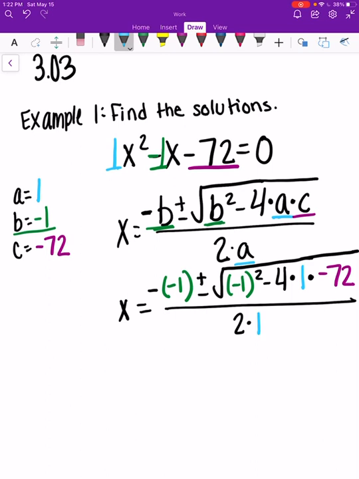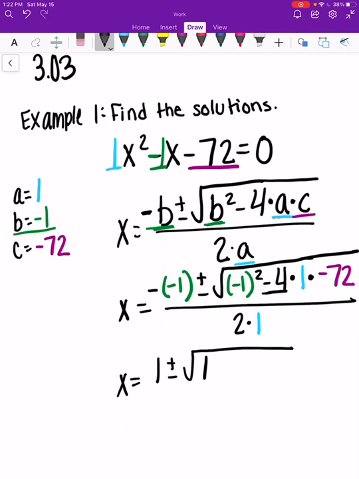Now we start simplifying. So x equals the negative of -1 is just +1, plus or minus the square root. (-1) squared is -1 times -1, which is +1, minus, well, let's do it this way.